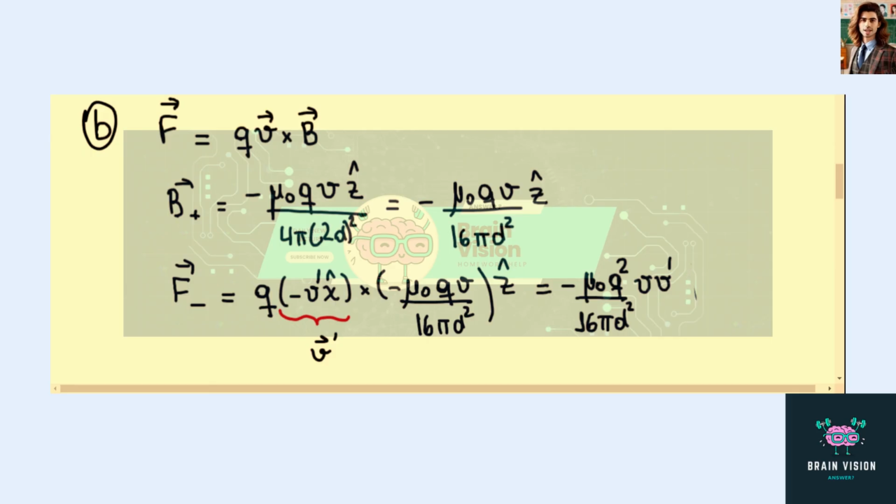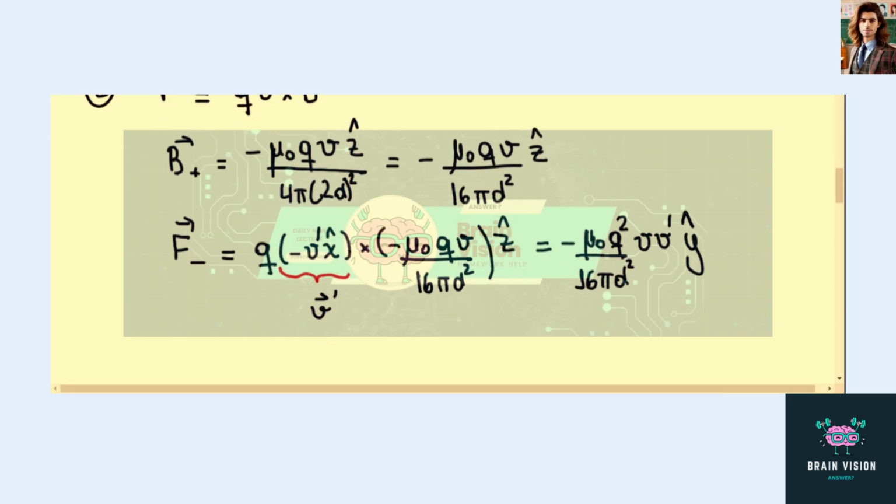So instead of writing the unit vector j, I'm going to write it as y.